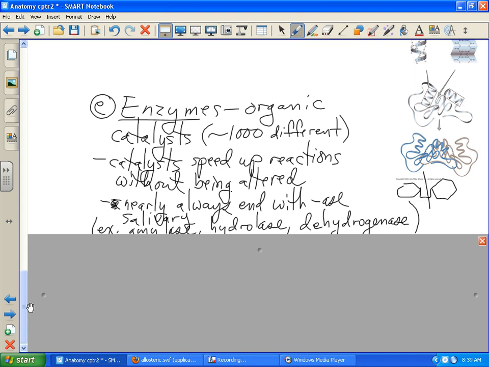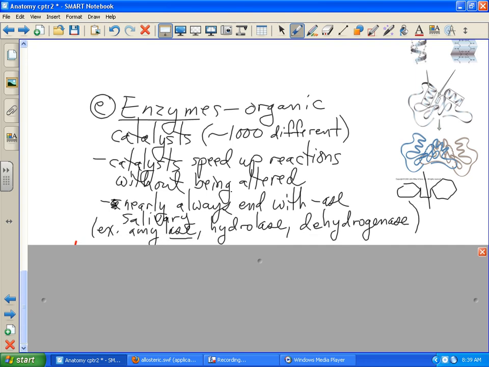Salivary amylase. That just sounds cool. Take a wild guess what that one is. Yeah, it's in your saliva, it's in your spit. That actually has a purpose. We use it with carbohydrates.